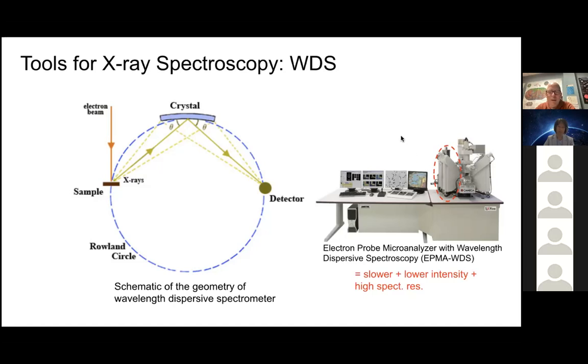So one of the primary differences is an individual spectrometer is measuring a single element within a mineral at a time. We can change the position of the crystal to gather information on other elements, but within a single spectrometer, we're only measuring one element at a time.